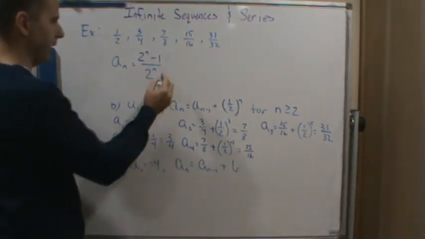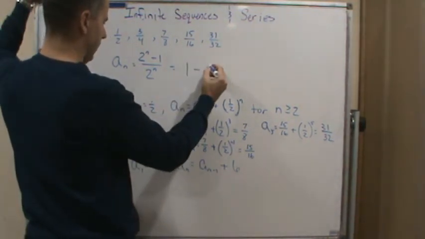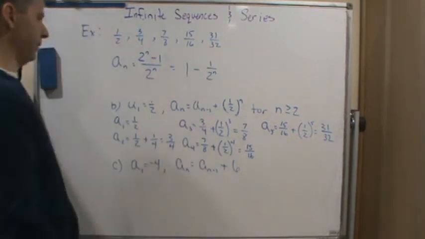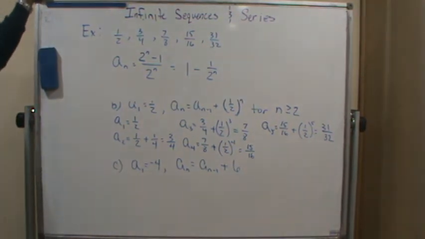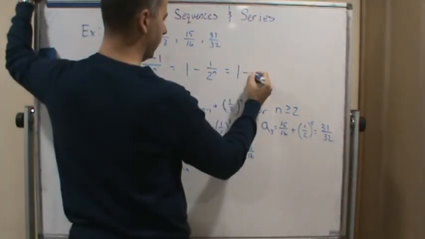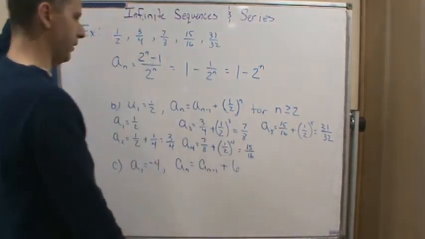And then we can rewrite this as 1 minus 1 over 2 to the n. Right? Or you could rewrite this as 1 minus 2 to the negative nth power.